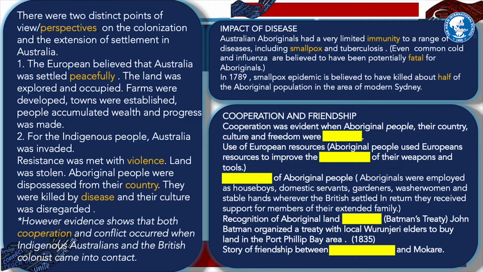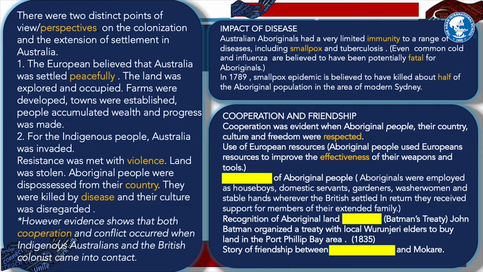Cooperation was evident when Aboriginal people, their country, culture and freedom were respected. Good. Use of European resources: Aboriginal people used European resources to improve the effectiveness of their weapons and tools.